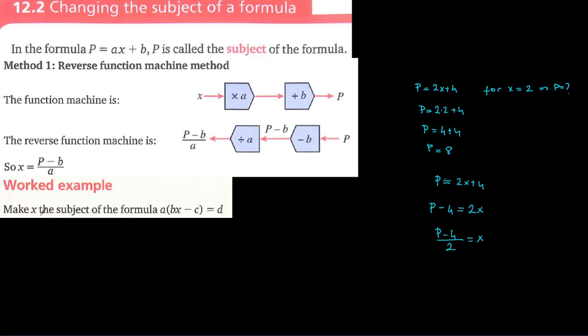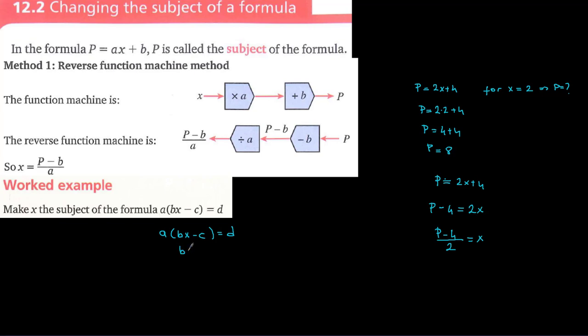Here is another example. Make x the subject of the formula a times (bx minus c) is equal to d. Around the x we have firstly b, then parentheses, then times a. If I go step by step, firstly I need to send the a to the other side.